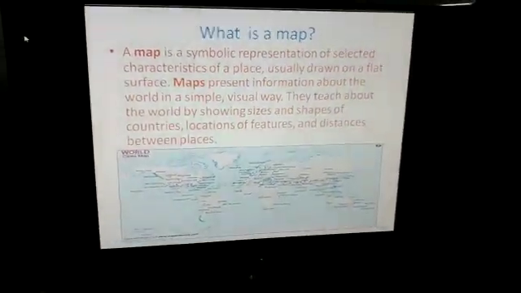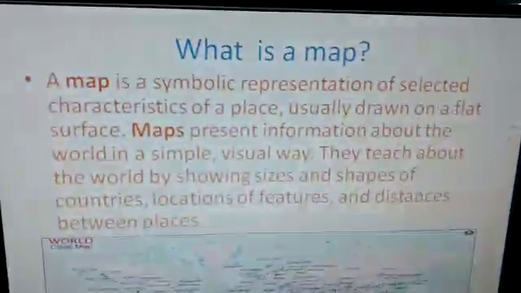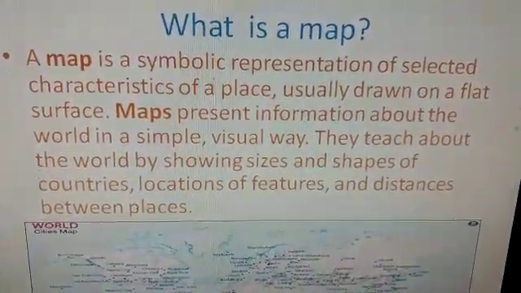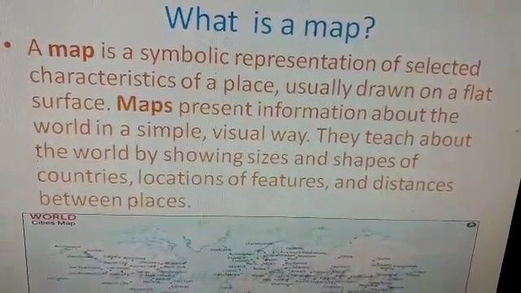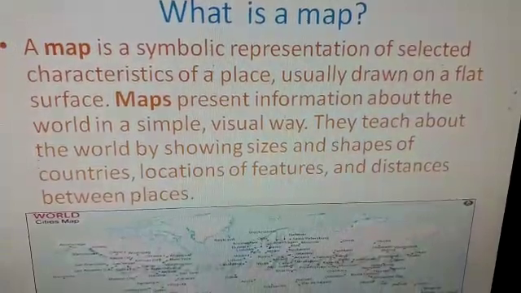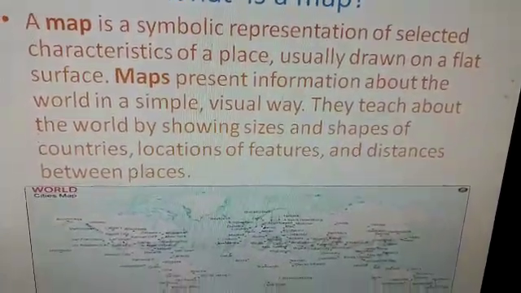So, what is the definition of a map? Let us read. A map is a symbolic representation of selected characteristics of a place, usually drawn on a flat surface.